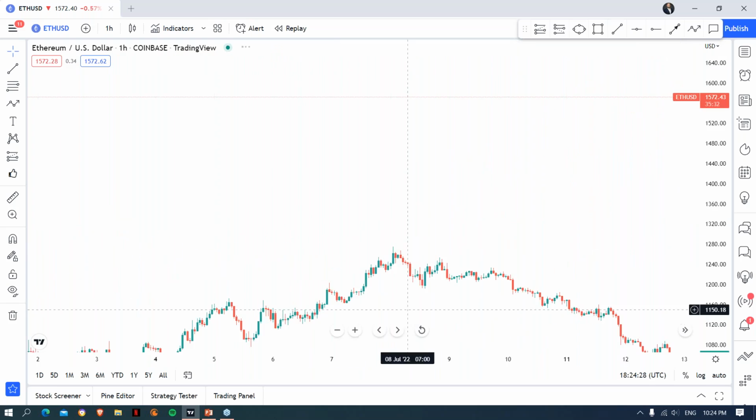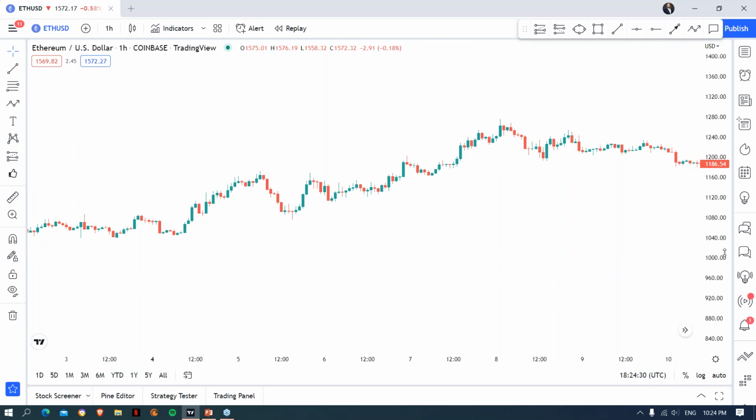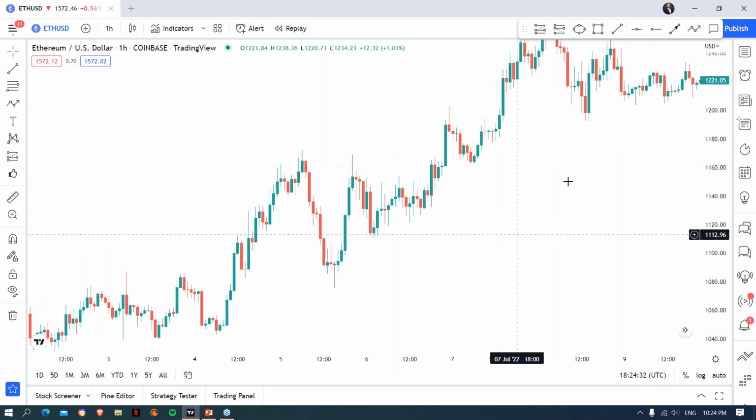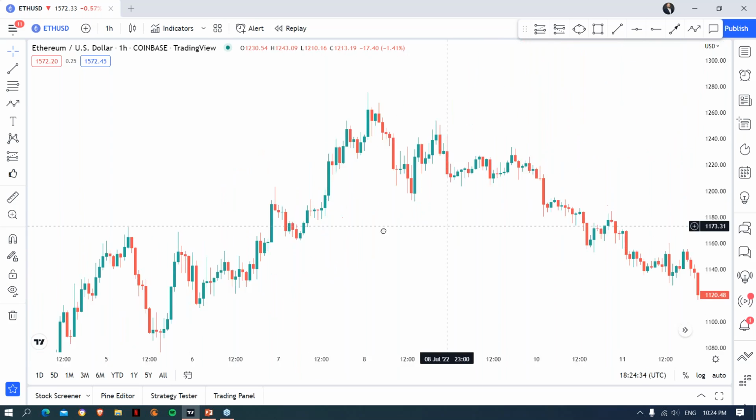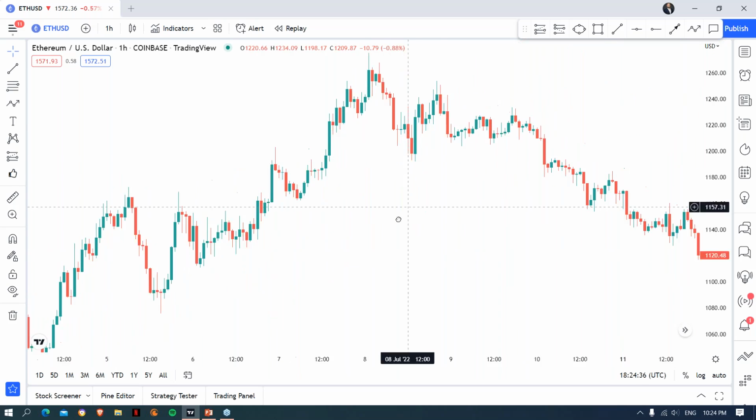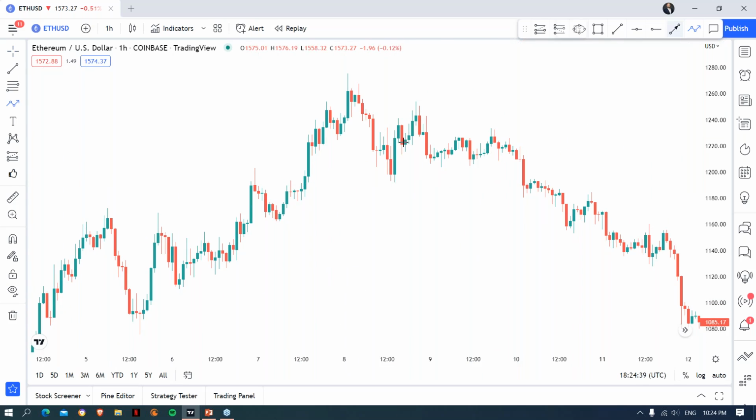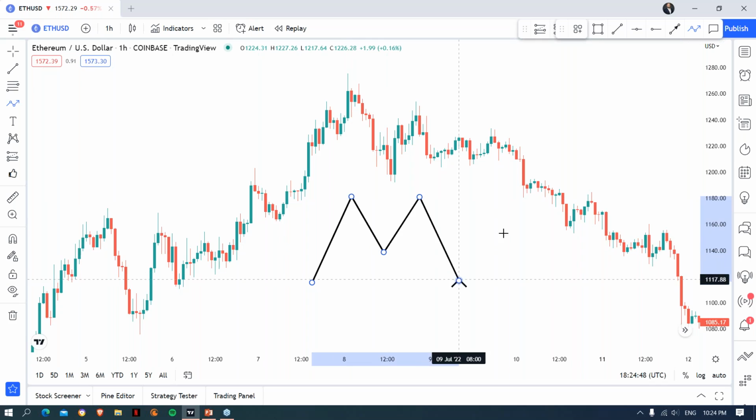Notice here we have a couple of movements that we can look at. The first thing was this double top right here. So it doesn't always have to be symmetrical, so you understand. So it's not always going to look exactly like this.